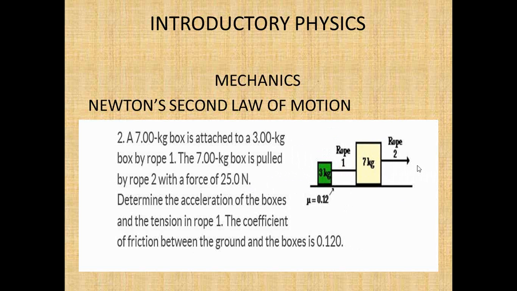The forces to the left, because you're just taking the system, is going to be the friction. So the friction force is going to be the force to the left if you're taking the system into consideration.